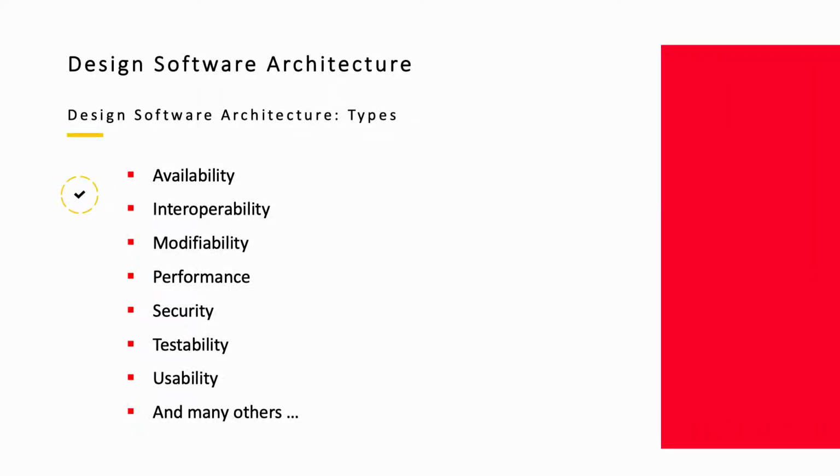Here are some examples of attributes. We're all kind of familiar with these: availability, interoperability, modifiability, performance, security, testability, usability. You can have many other ones, but these are the attributes that you want to set at the beginning.